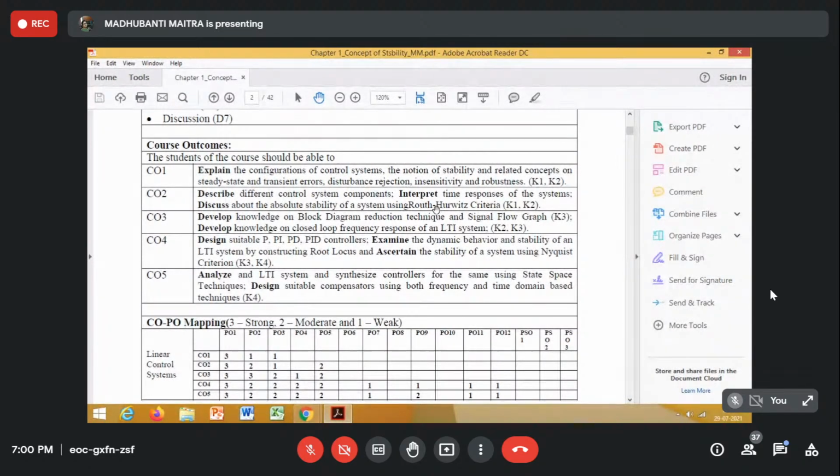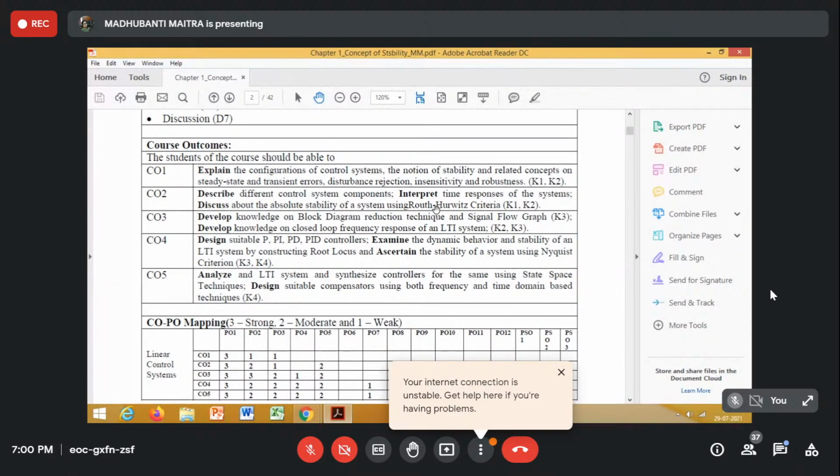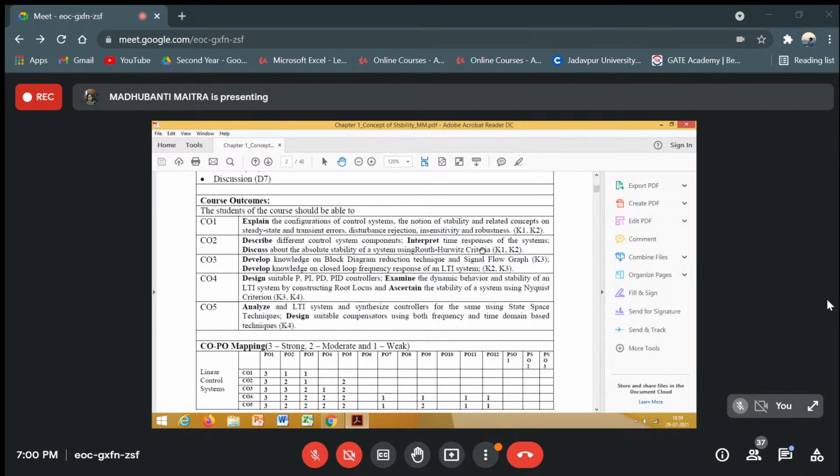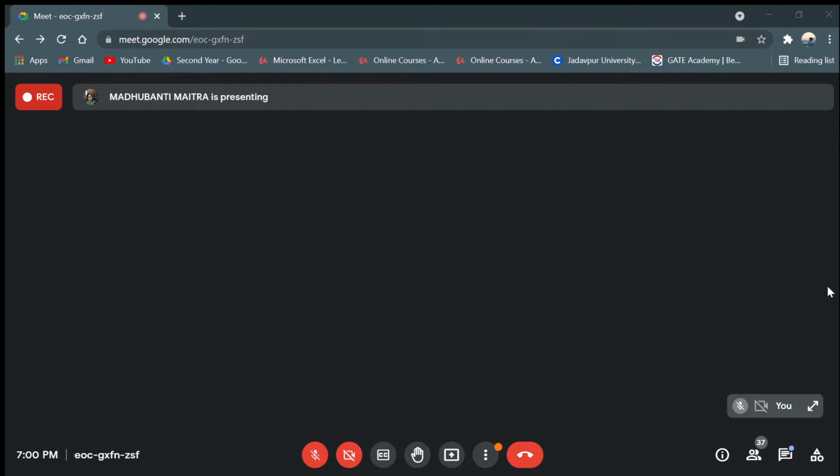So we'll be using those two laws because we will be considering only linear systems. And within the purview of this part, as I told you, Routh-Hurwitz criterion, in this part we'll try to ascertain the stability of a linear time invariant system, right?